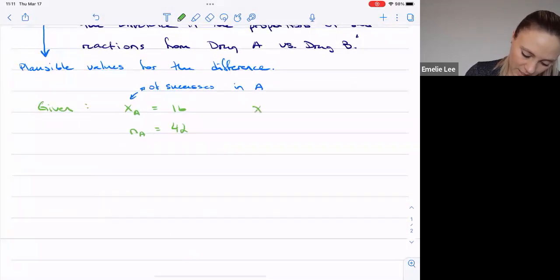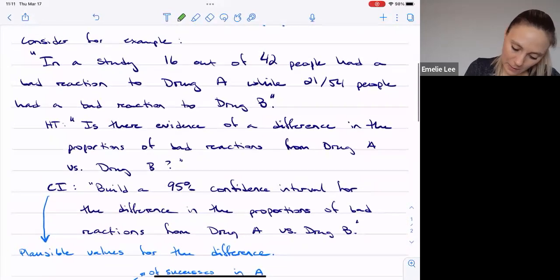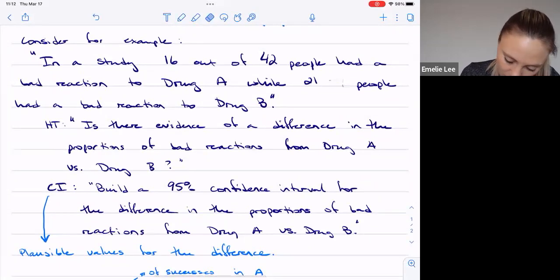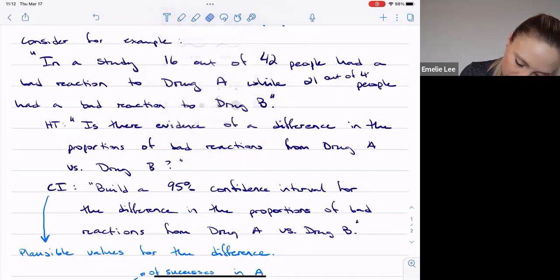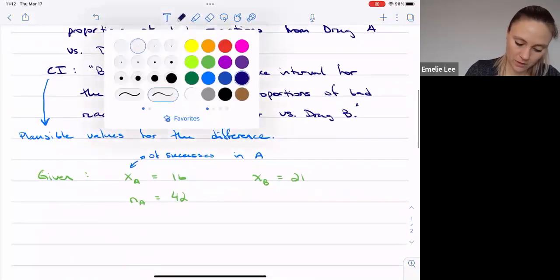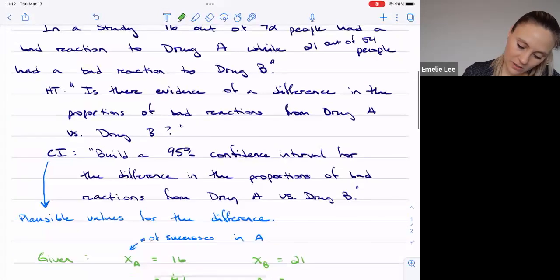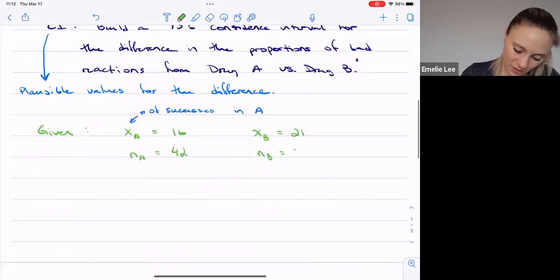And we were given XB, which was, I want to say, 21. Oh, I should write this out. Oops, 54. There. Sloppy. And NB was 54. I just wrote it out.